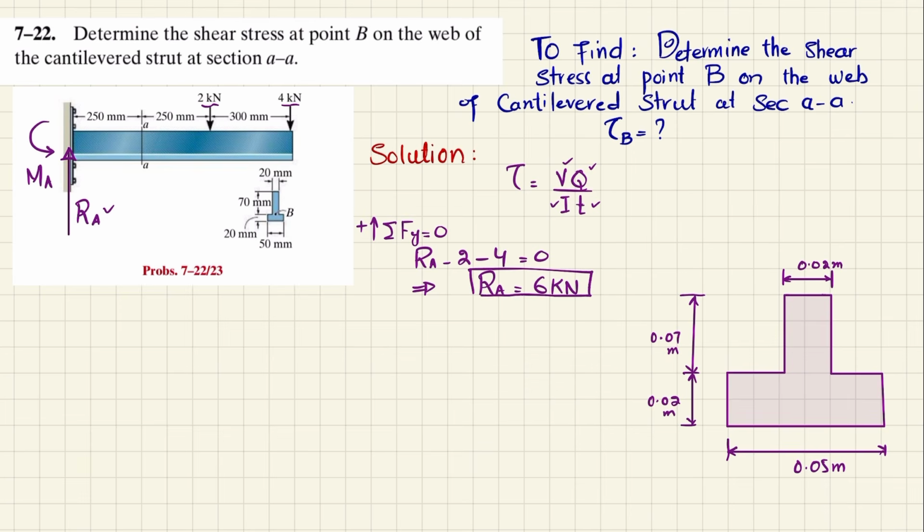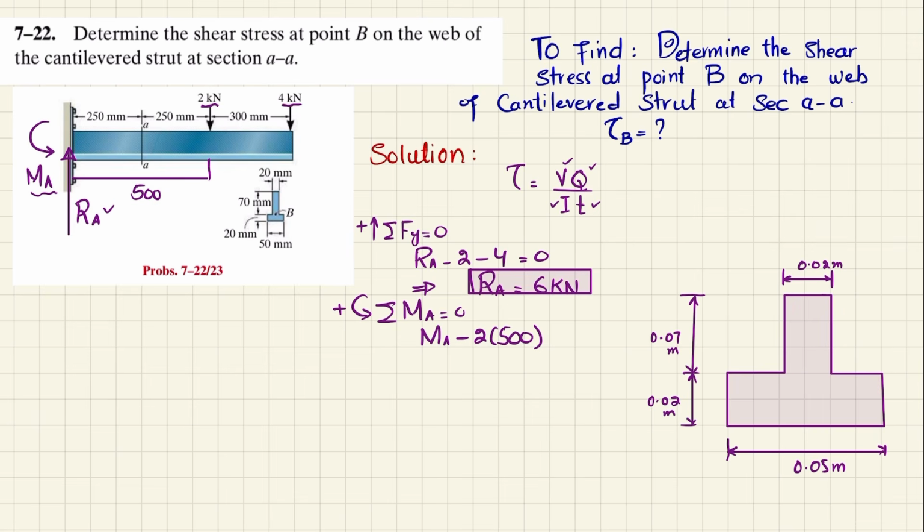Now you can also find the moment, that is not required, but we will find the sum of all moments about point A equal to 0, taking the counterclockwise moment as positive. About point A we have one moment MA that is counterclockwise, so it will be positive, plus the second moment is due to the 2 kilonewton load and the perpendicular distance is 500 millimeter. So minus 2 into 500 because this is producing clockwise moment.